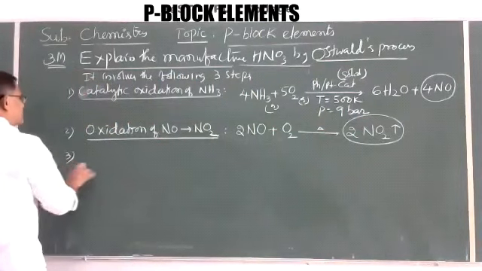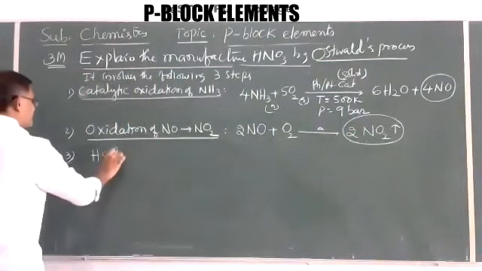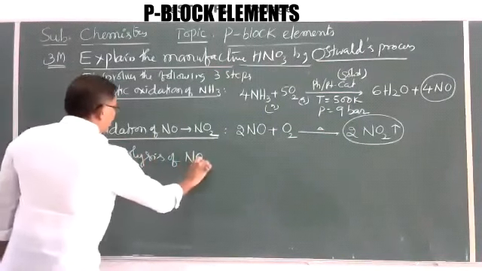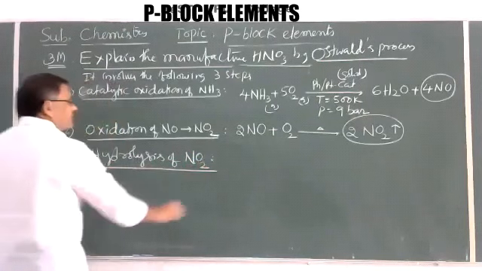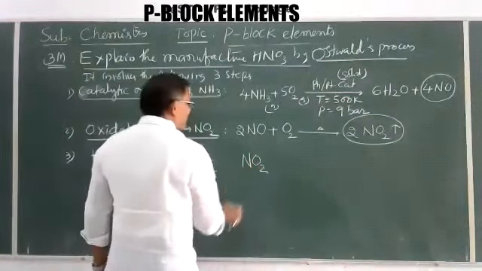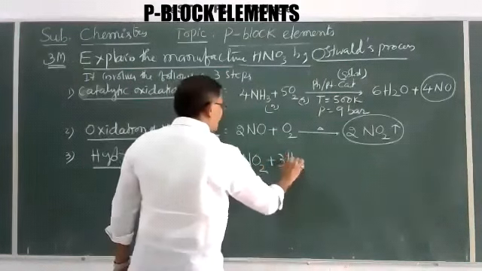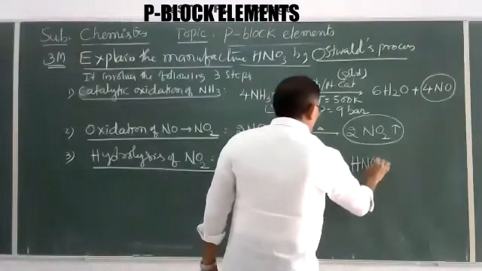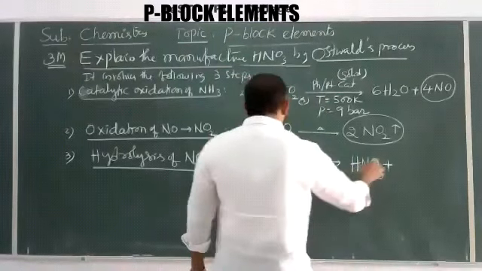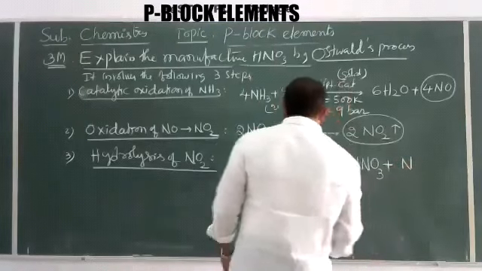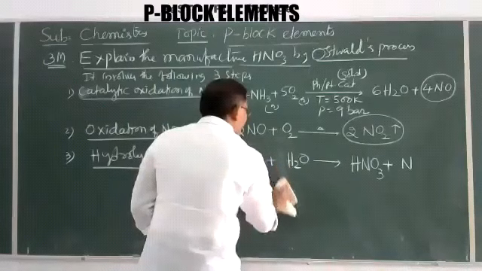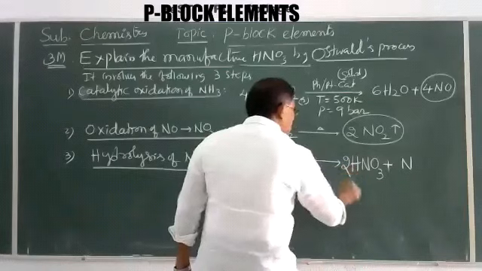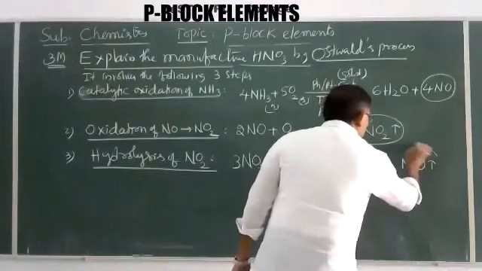Now the third step is hydrolysis. Hydrolysis of NO2 gas, a reddish brown gas. The obtained NO2 gas is reacted with 3 moles of water to give HNO3, nitric acid, plus again 2 moles of NO gas is produced.